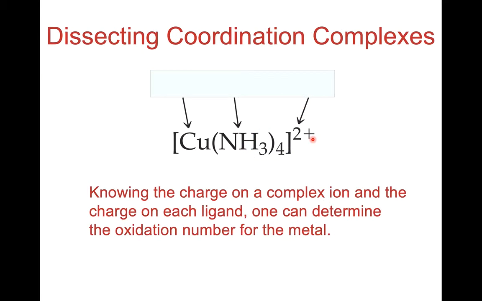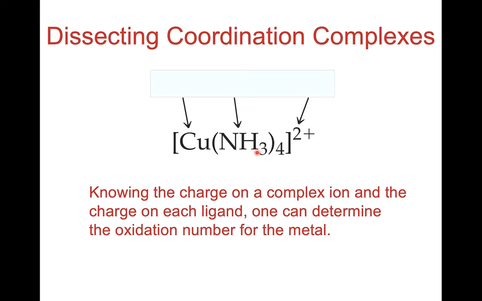All right, we need to dissect these complexes a little bit, because in order to do naming, we need to figure out what the charge is on the metal, and that often will require a little work on our part. Here, I've actually only given us the complex cation, and so we have to figure out what charge would need to be on the metal in order for this 2+ charge to be the charge on the complex cation.